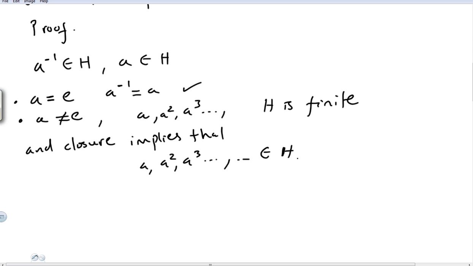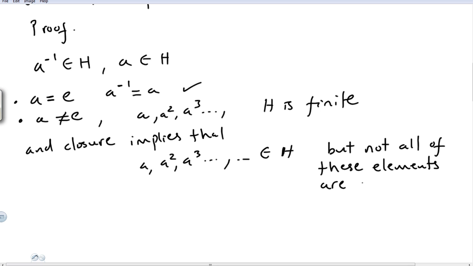But, this is very important, not all of these elements are distinct. Do not forget that H is finite, okay? So you can't go on and on.